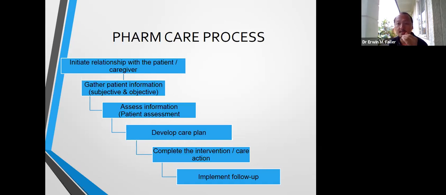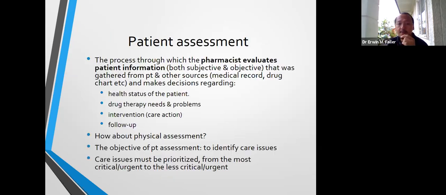Now, what do we usually do in the patient assessment? In the patient assessment, the pharmacist evaluates the given information, subjective or objective. That is done by gathering all the patient information, the medical record, and the drug chart, and making the necessary and appropriate decision on that evaluation or assessment.